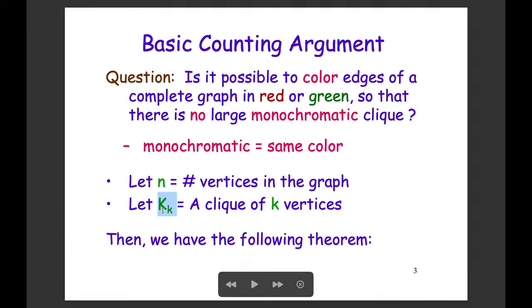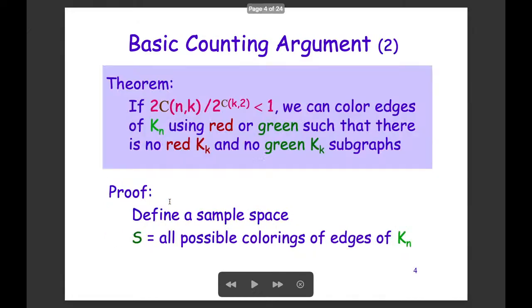That means when n is very, very large, we must find either a red K_k or a green K_k.